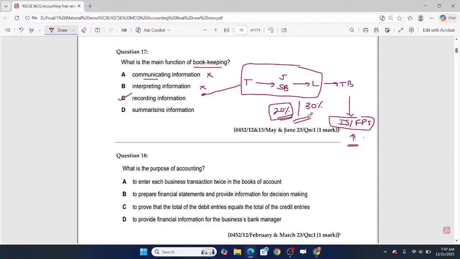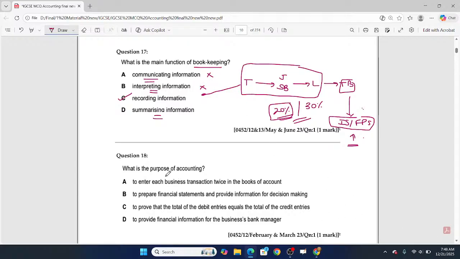So comparability also based on the analysis and interpretation, that will also be the accountant expert's job, not the bookkeeper's job. Summarizing information is nothing but trial balance. All the information summarizing, whether the business is doing well, liquidity positions also doing well. All these things are summarizing. Also not part of the bookkeeper.